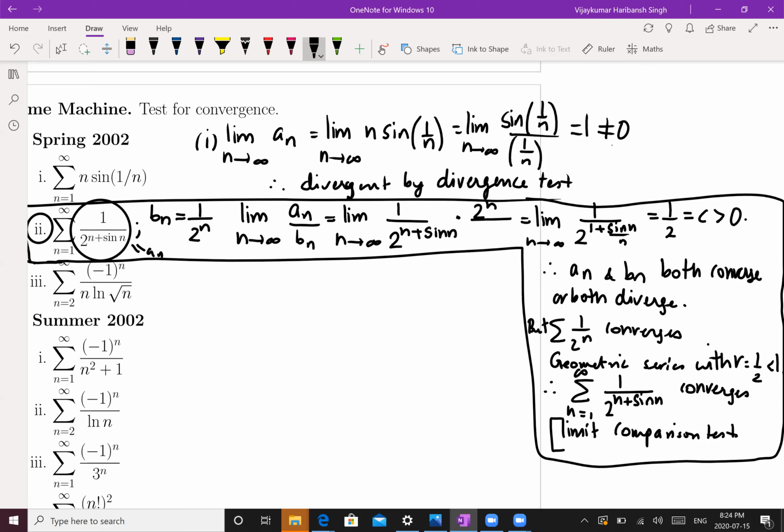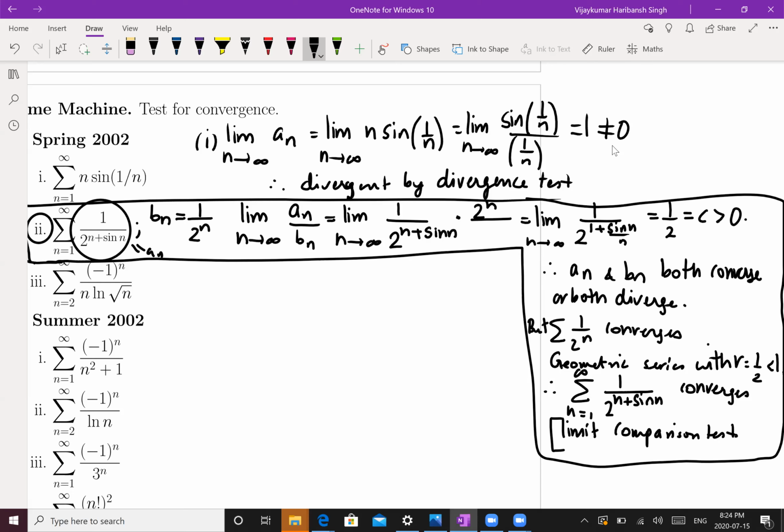here. So we have summation n equals 2 to infinity (-1)^n over n ln n. So again, in this case, we can use the alternating series test to check it.